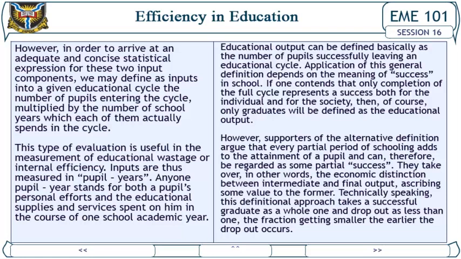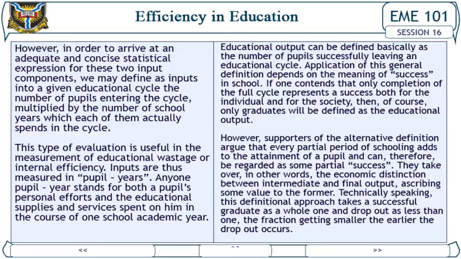This type of evaluation is useful in the measurement of educational wastage or internal efficiency. Inputs are those measured in pupil years. Any one pupil year stands for both a pupil's personal effort and the educational supplies and services spent on him in the course of one school academic year.